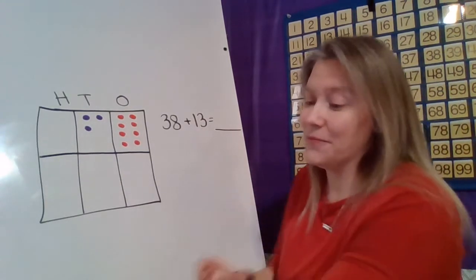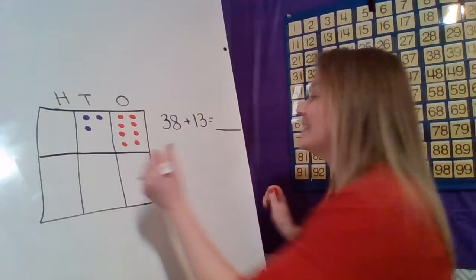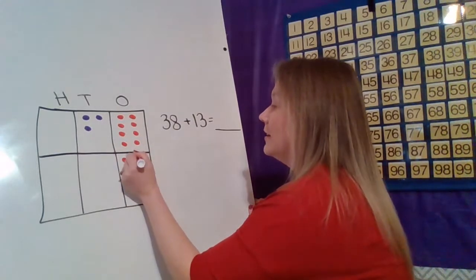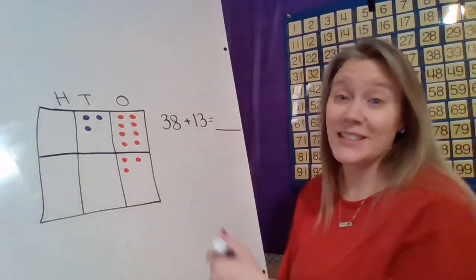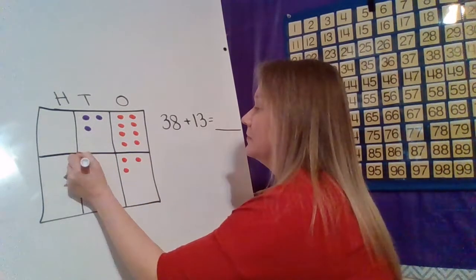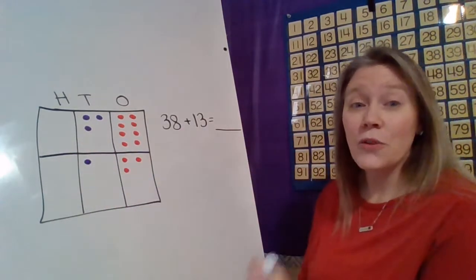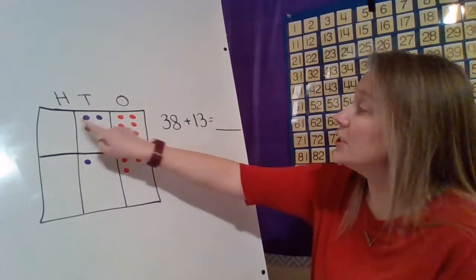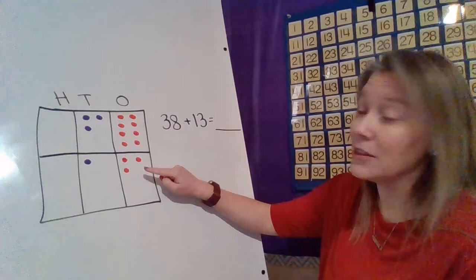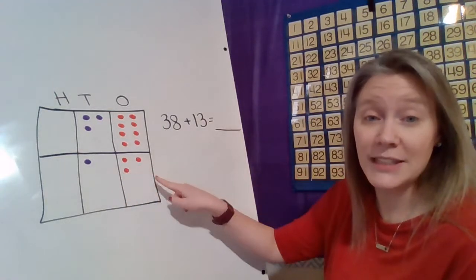Let me draw that now. I'm going to do my 3 ones. 1, 2, 3. And my 1 ten. There. So now we have modeled both numbers. Up top, this is showing the number 38, and below the line, this is showing 13.